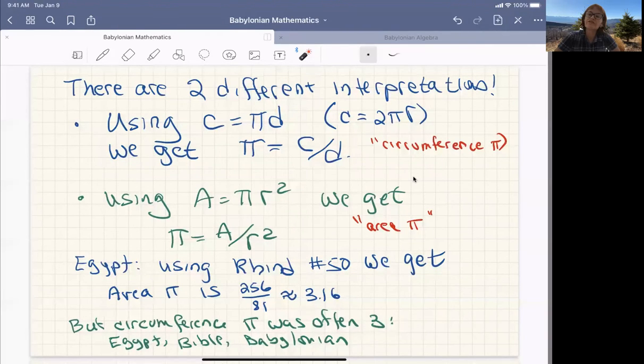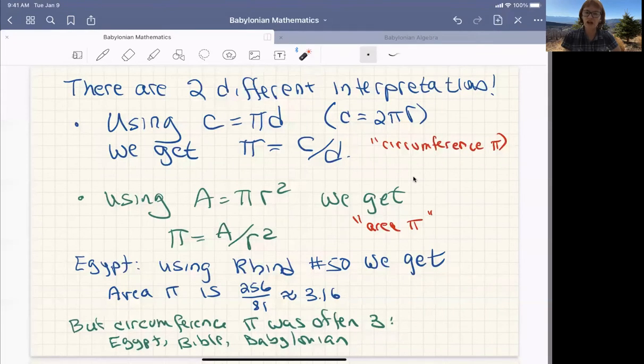But there's another formula where the number pi pops up, and that is the area of a circle. The area of the circle is some number that we call pi times the radius squared. So what is this number?